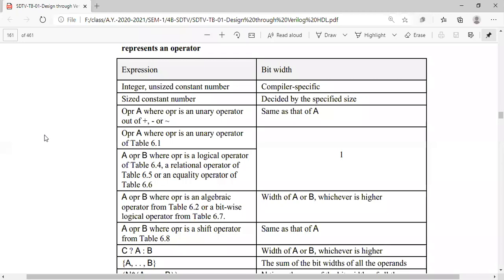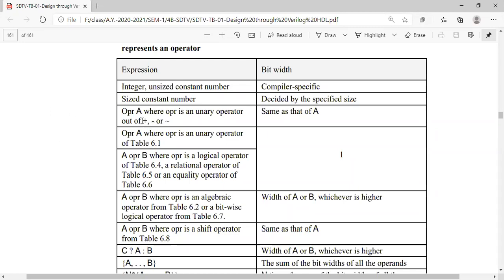If we say sized constant number, it will be decided by the specific size we have mentioned there. If you have an operator for A, and this operator is a unary operator such as plus, minus or not, it will have the same bit width as A, right?